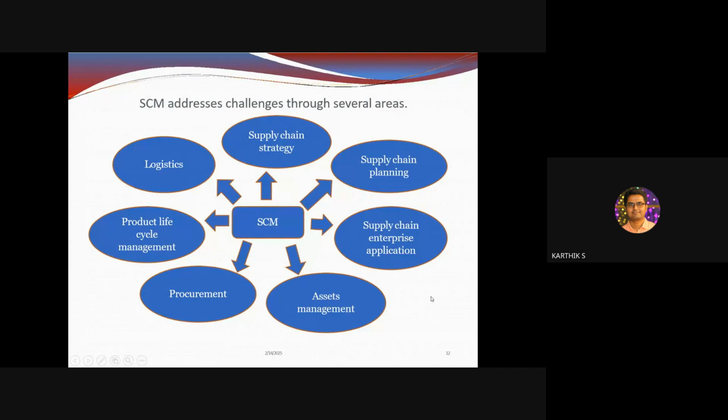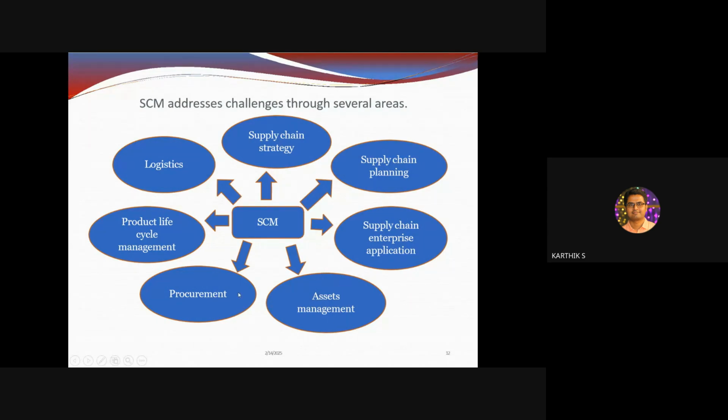For the assets, you should have proper management. Assets here means the machine or the shop floor or the industrial area. The safety of the machine and the safety of the people has to be considered here.